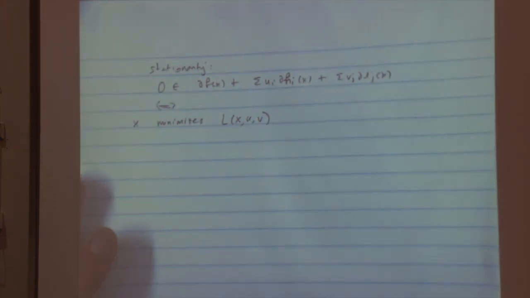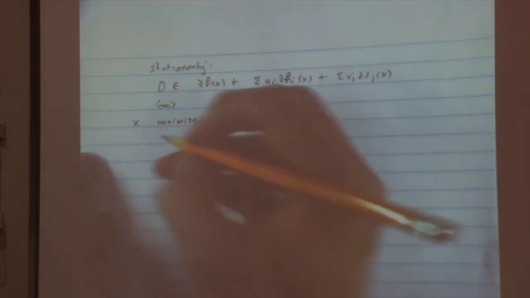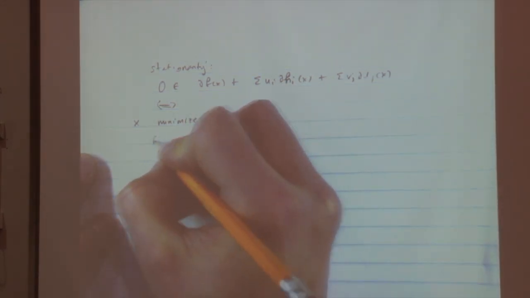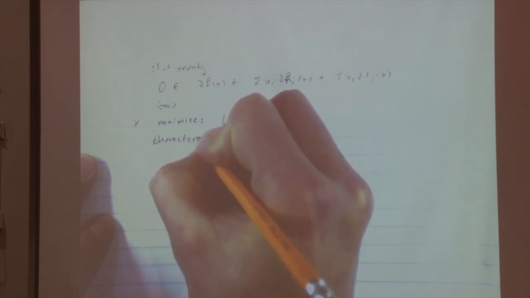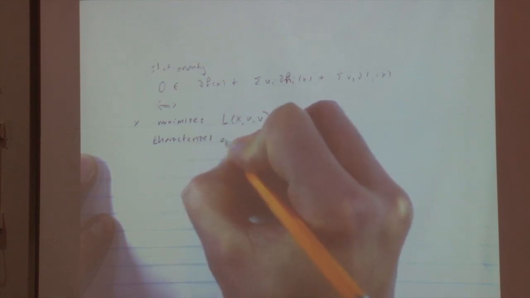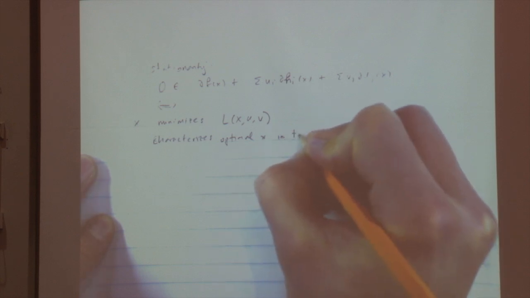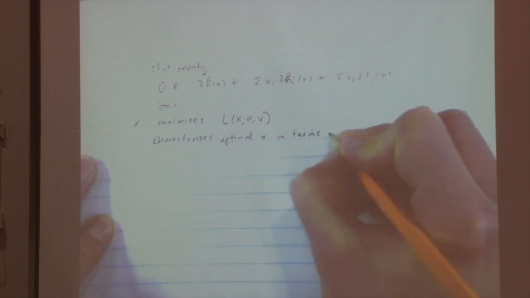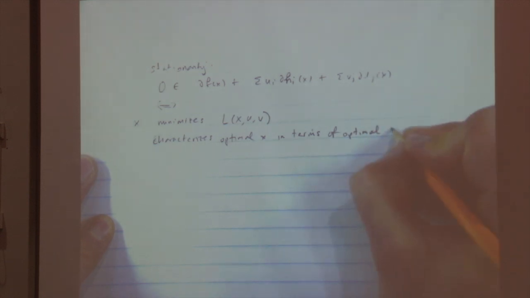And therefore, if we derive the dual and compute the dual solution, then this forms a characterization for the primal solution. So this characterizes the optimal x, the primal solution, in terms of the optimal u and v.